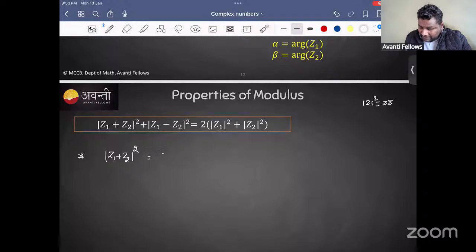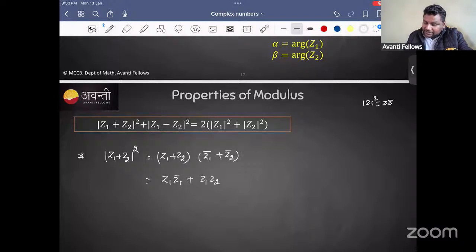So you can write it as z1 plus z2 into z1 conjugate plus z2 conjugate. Now, if I multiply it, it will be z1 z1 conjugate plus z1 z2 conjugate plus z2 z1 conjugate plus z2 z2 conjugate. Understood?